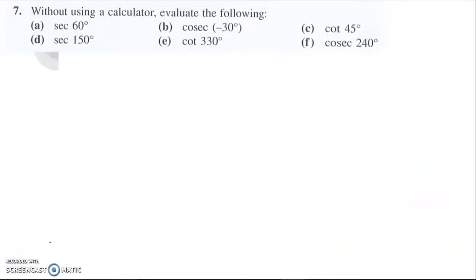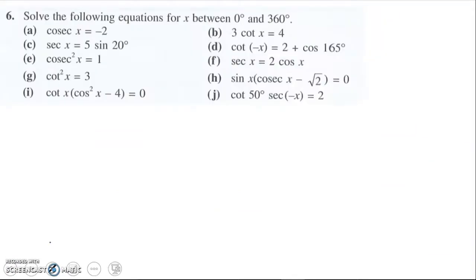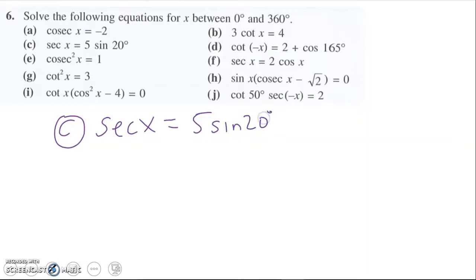Alright, C. For C, we have secant x is equal to 5 times sine 20 degrees. Okay. So you see two trig functions here. One of them happens to be sine 20 degrees, which, again, you just want the ratio associated with 20 degrees.